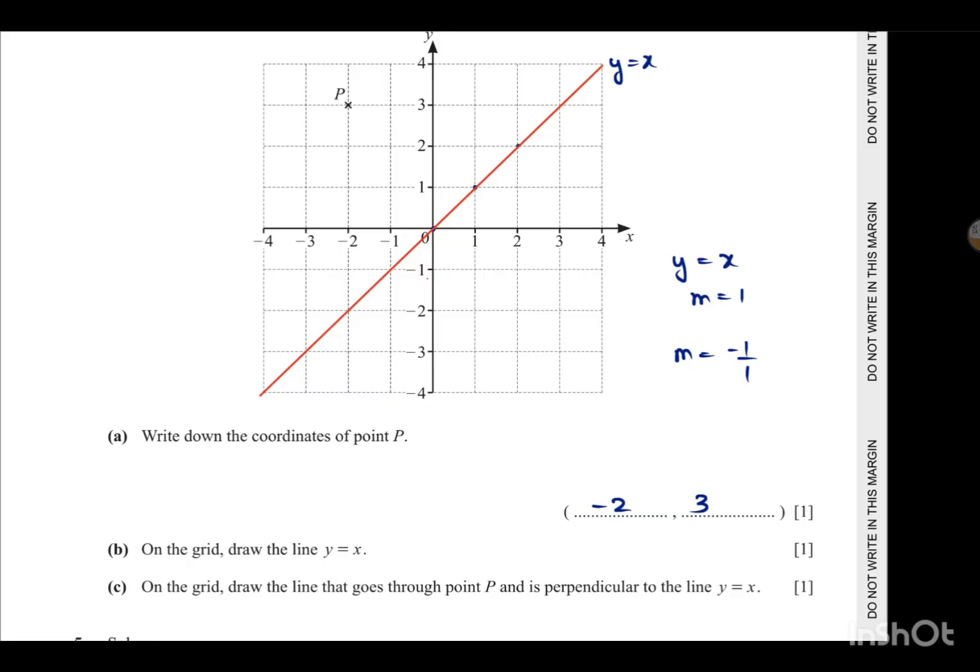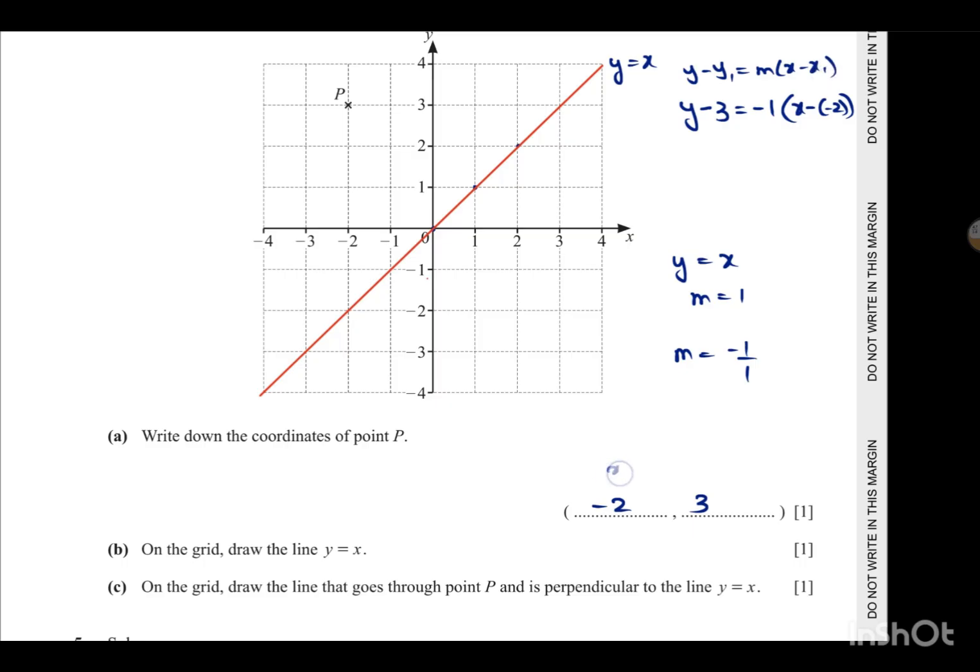Y minus, what is the y coordinate? 3, is equal to m, which is -1, into x minus of -2. According to the rule, y minus y1 is equal to m into x minus x1.